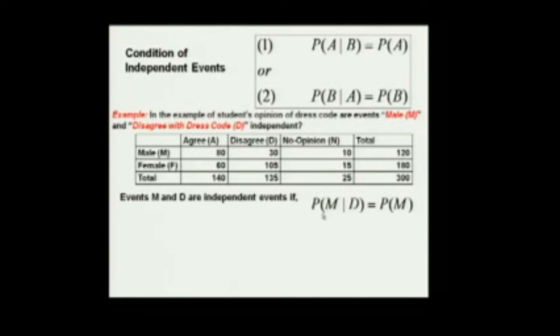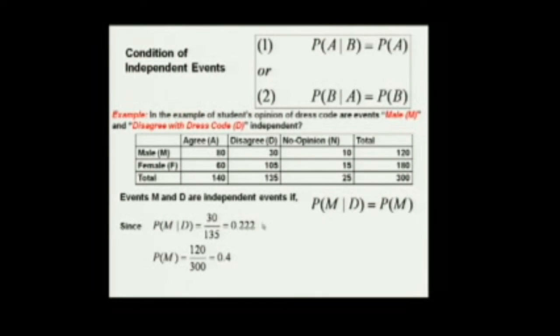So let us see what P(M given D) is. Well, P(M given D) is 30 divided by 135, which is the total disagree. P(M), on the other hand, is 120, the total male, divided by the total 300, that's 0.4.